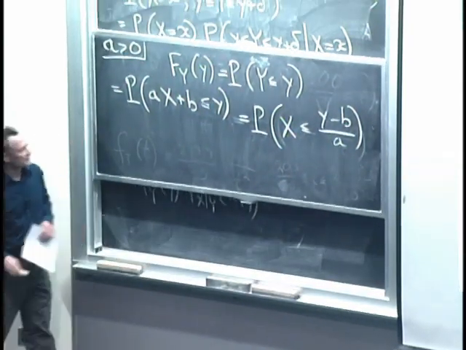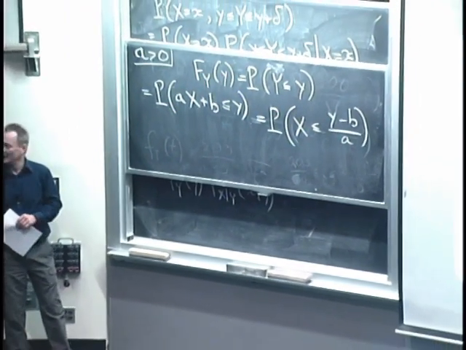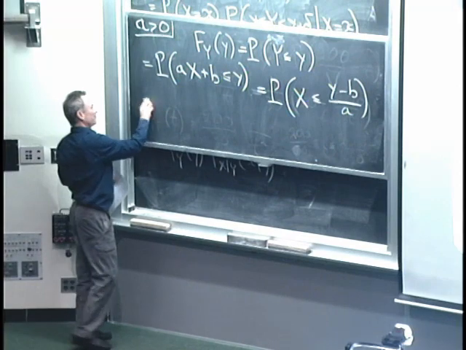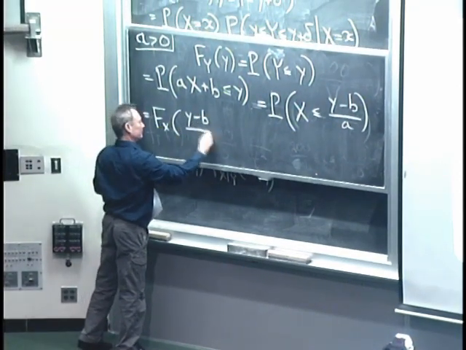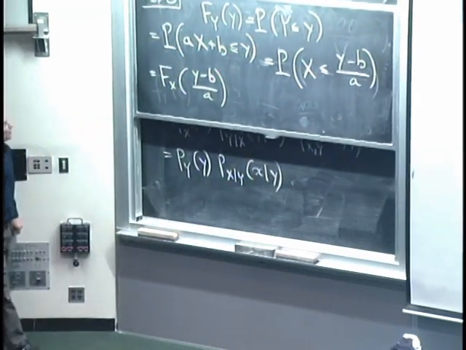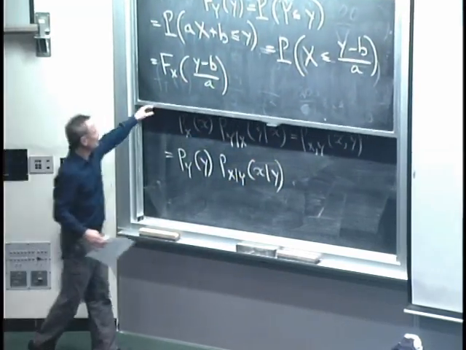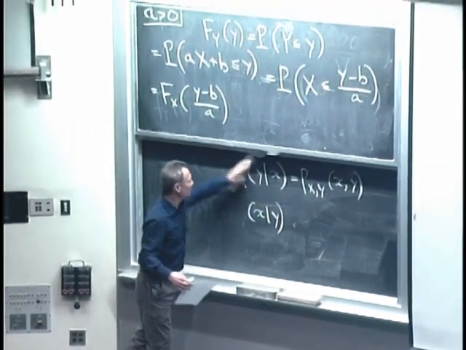Okay, now what is this? This is the cumulative distribution of x evaluated at a particular point. So we got a formula for the cumulative of y based on the cumulative of x.